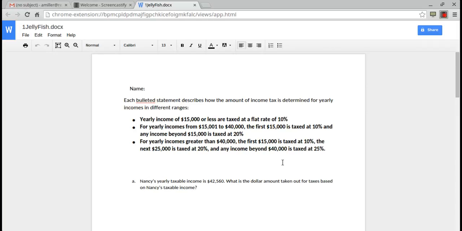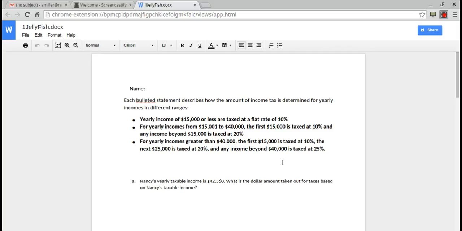So the first bullet point: yearly incomes of $15,000 or less are taxed at a flat rate of 10%. Meaning if you make $15,000, if you make $10,000, if you make $12,000, you are taxed everything at 10%. If you make a penny more than that, it's different. So it's just $15,000 or less.